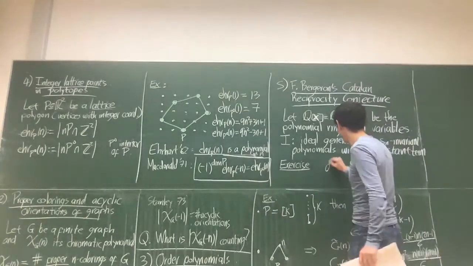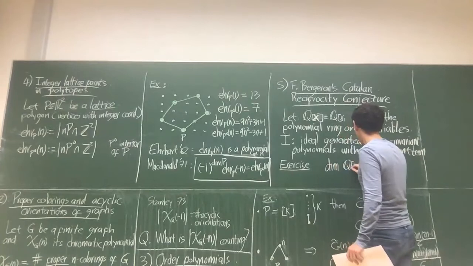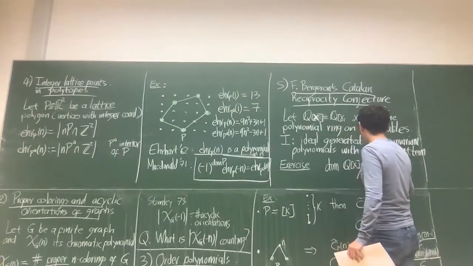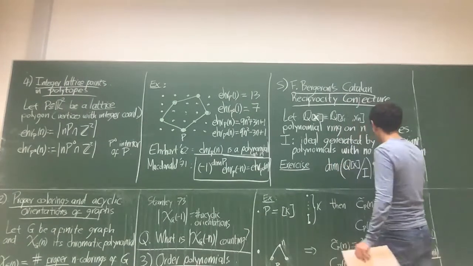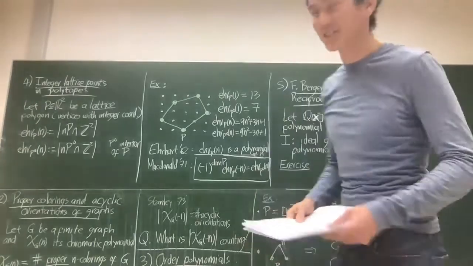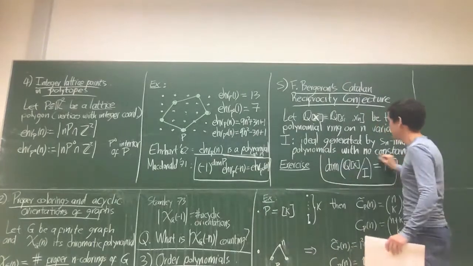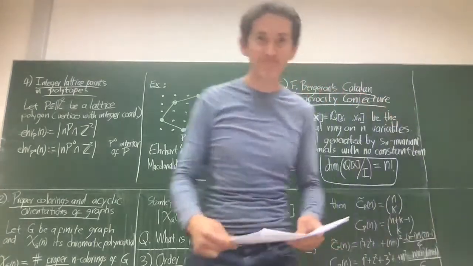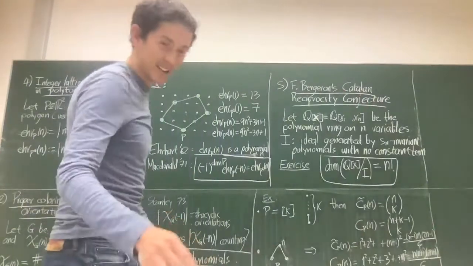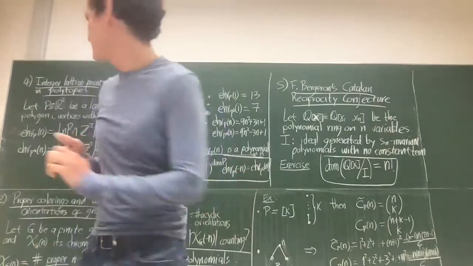So the dimension of Q[x] quotient by I is given by a really nice number. It's one of the nicest numbers in combinatorics: n factorial. Okay? And while you think about it, I will erase the board.